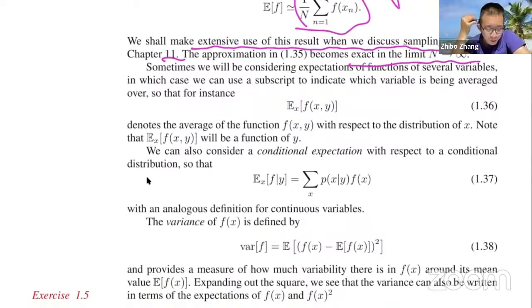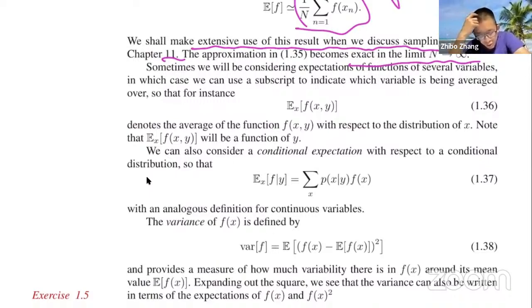Sometimes we will be considering expectations of functions of several variables, in which case we can use a subscript to indicate which variable is being averaged over.